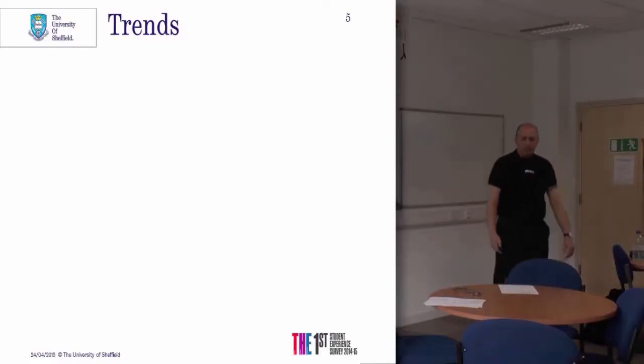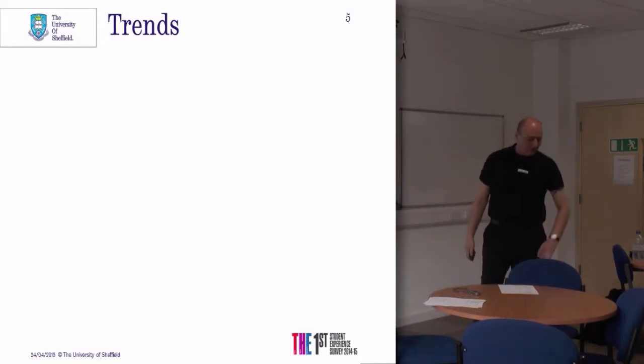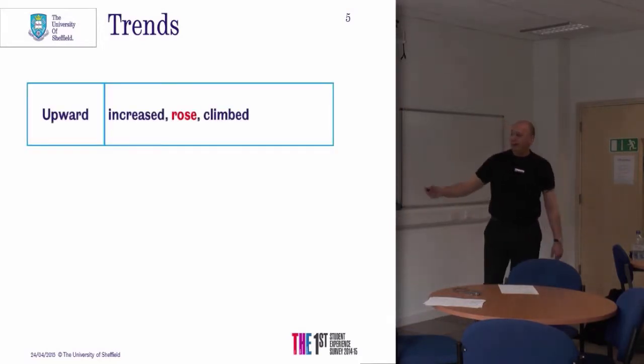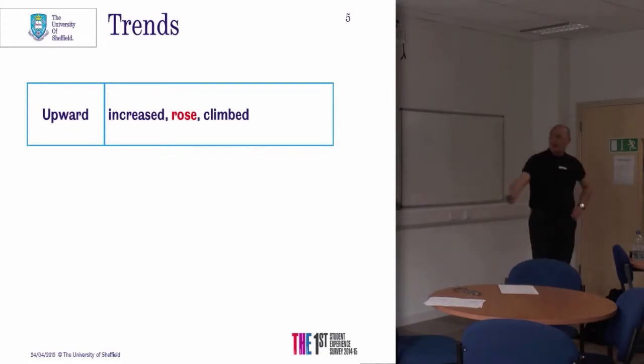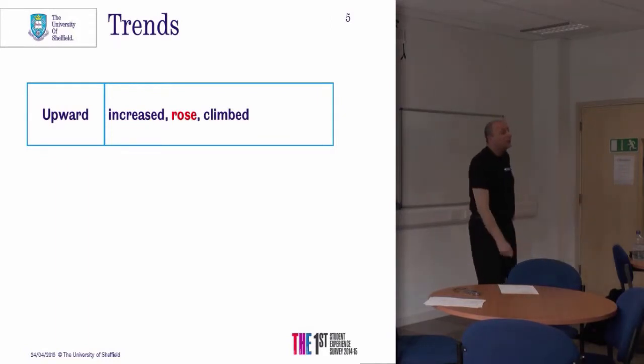Okay, is everybody finished? Everybody happy? So, the ones you should have had as upward, how many verbs were there? Three, yes. You should have had increased, rose, climbed. Is that what you all got? And downward?